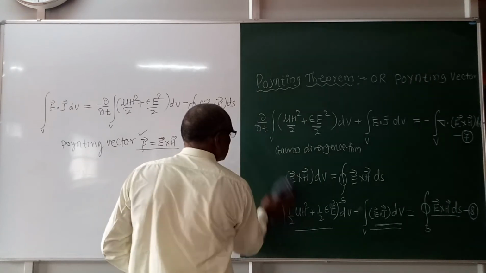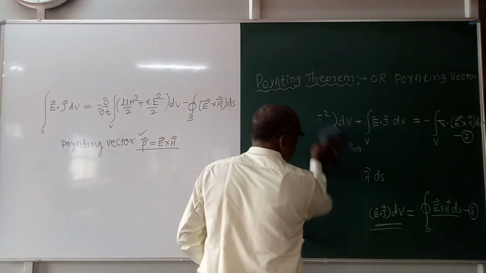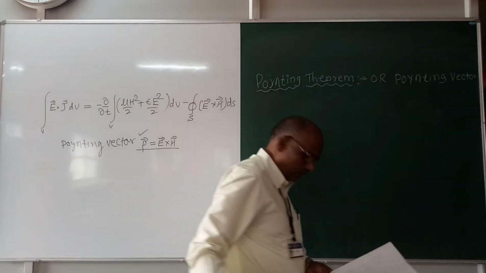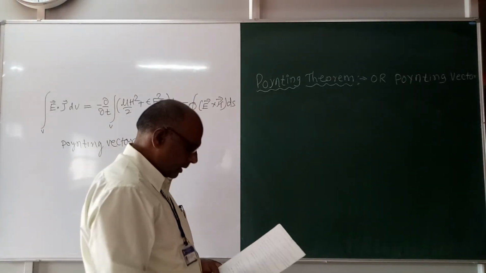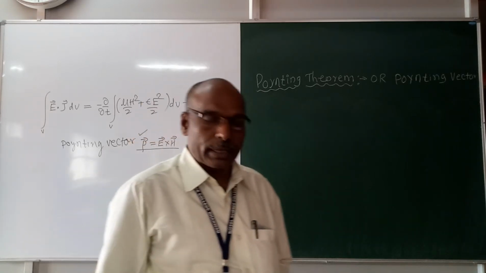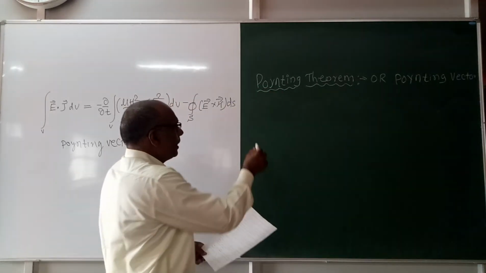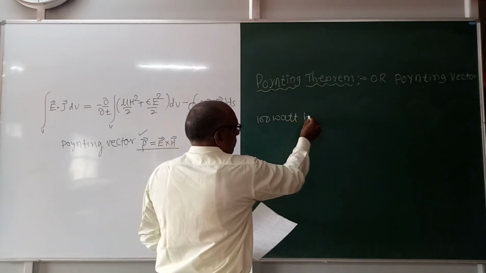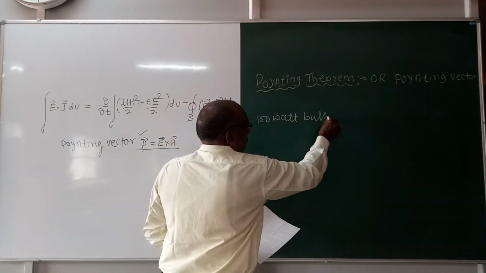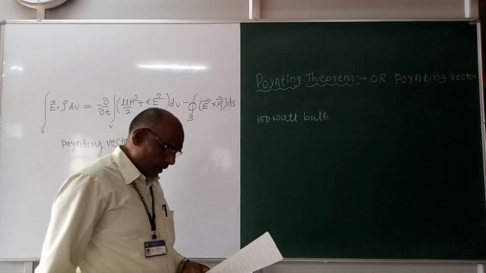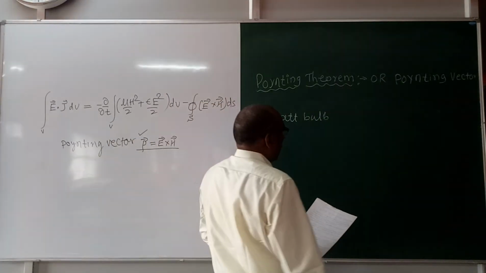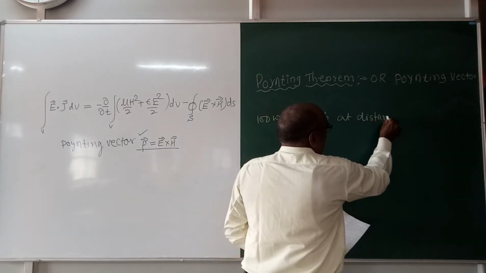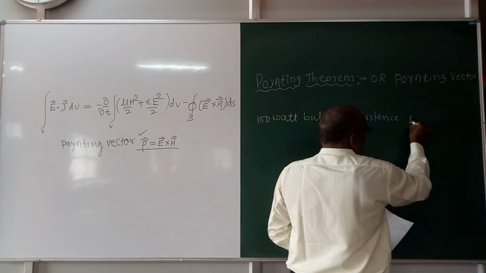This has been asked in a previous examination, so I'll take that. Calculate the value of Poynting vector for a 100 watt bulb at a distance, you can take any distance, 1 meter.